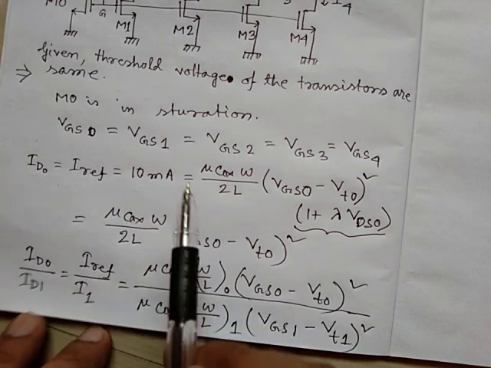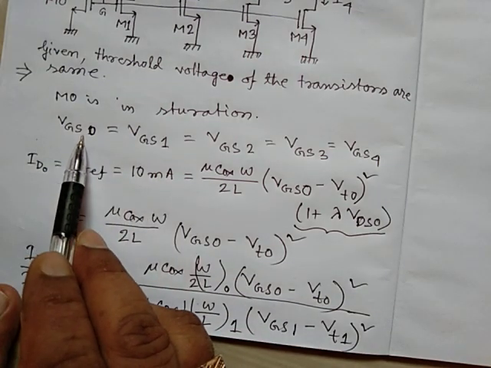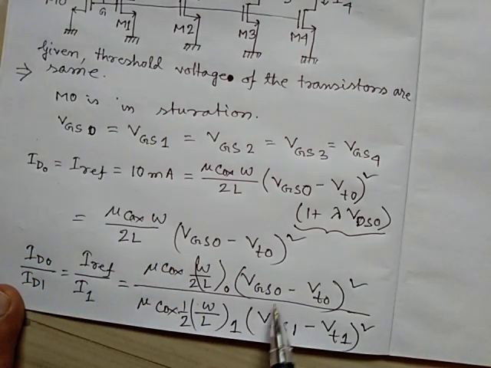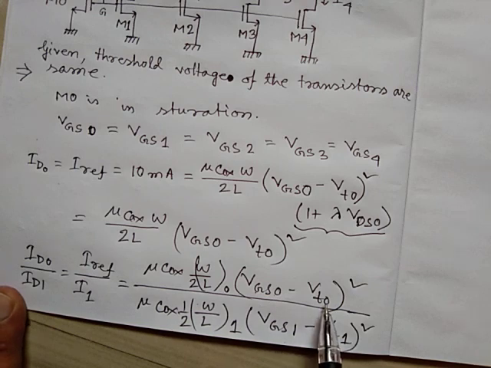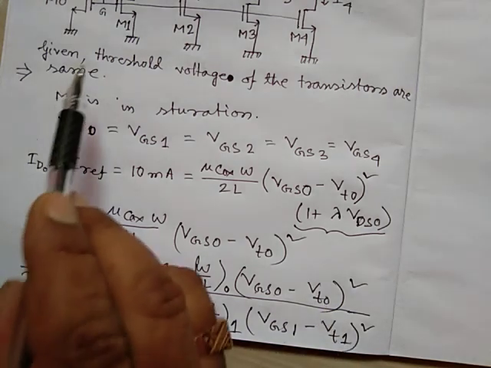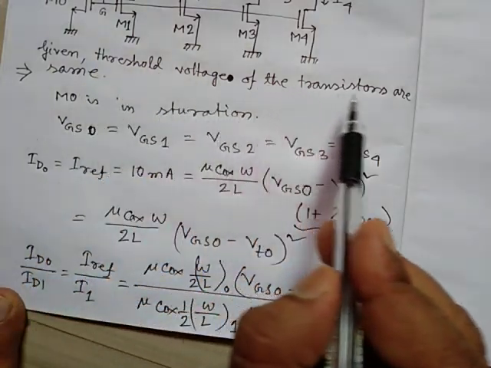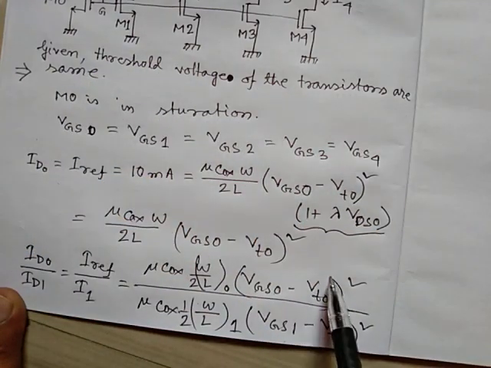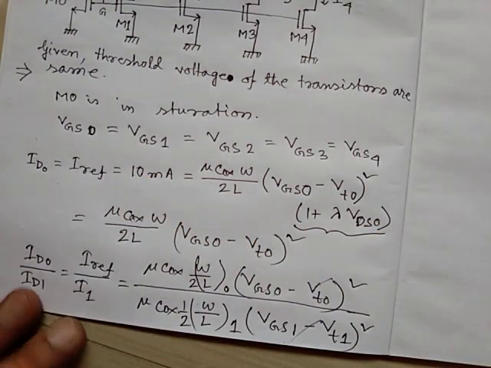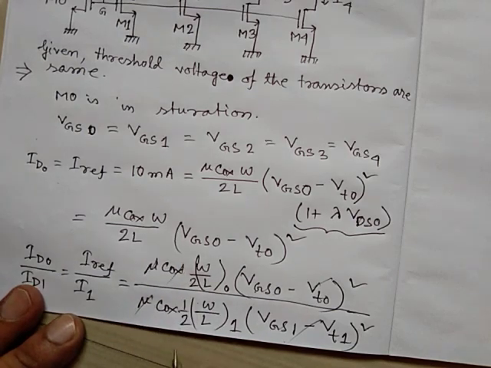Now, VGS0 equals VGS1, and VT0 and VT1 are the same because the threshold voltages of the transistors are given to be the same. So mu cancels out, Cox cancels out, and these terms cancel out.